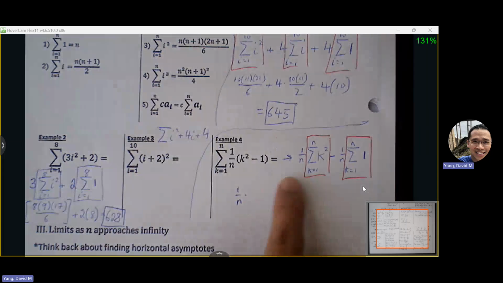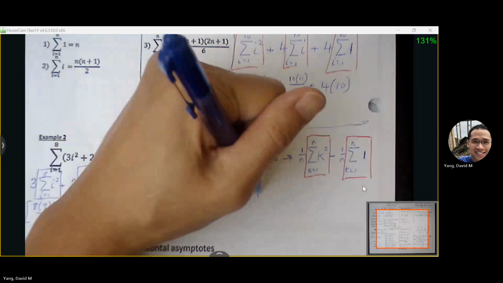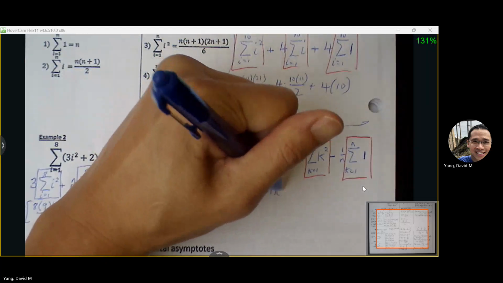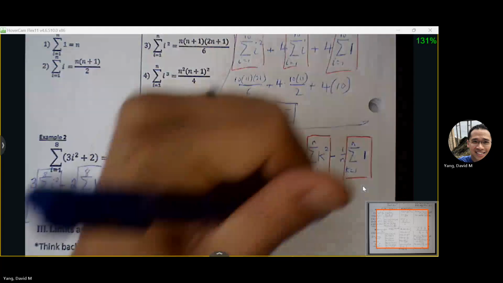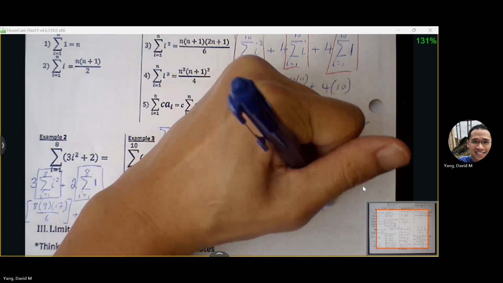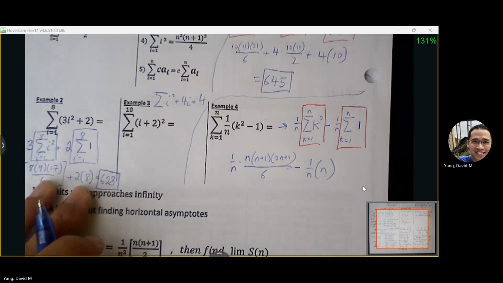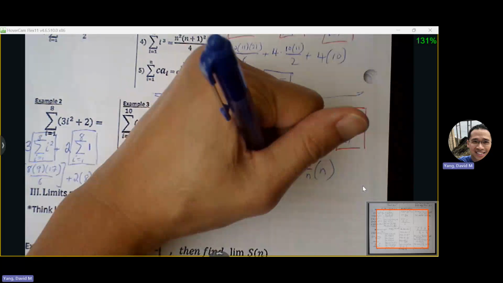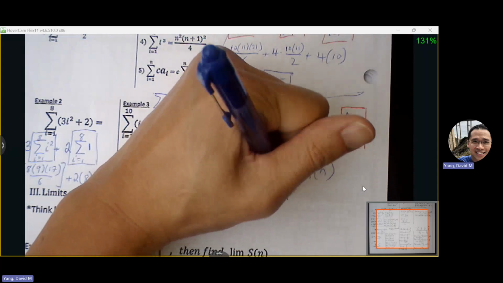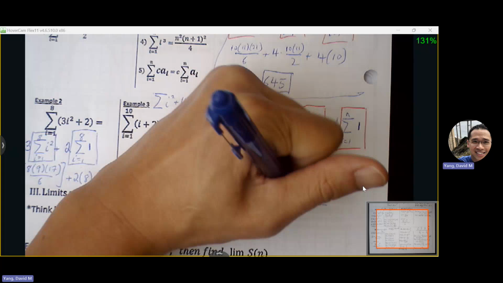I'm just using a different variable here. Okay, if I clean this up, do common denominator, I'm going to end up with 2n squared plus 3n minus 5 all over 6.